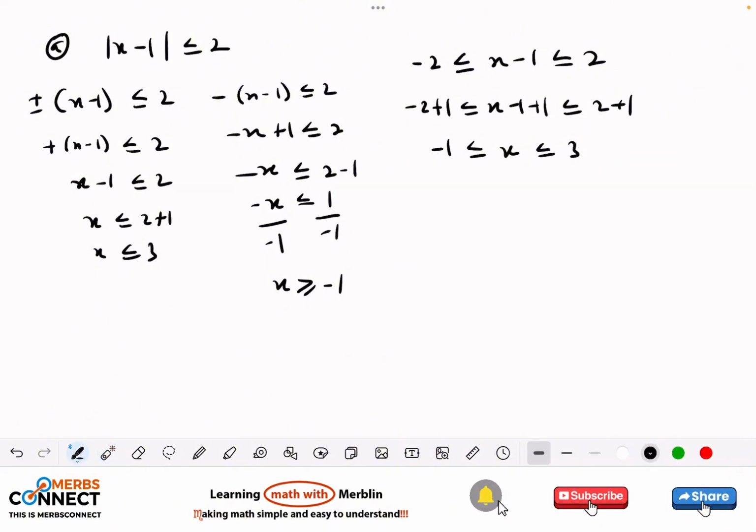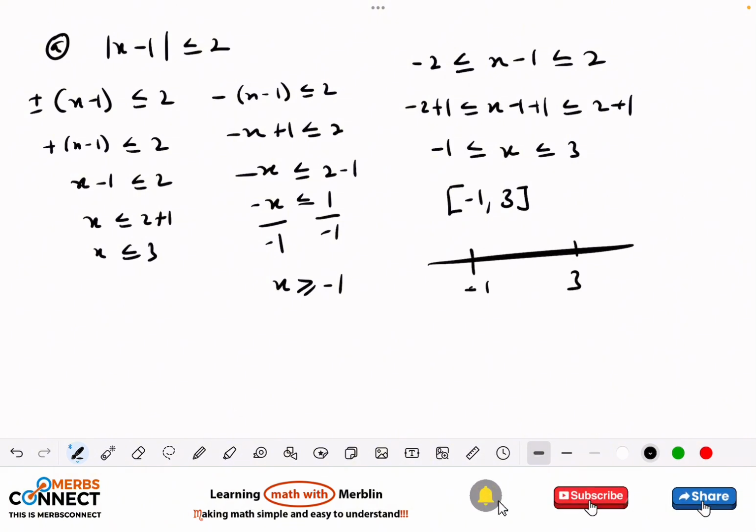If you want to move it to the interval form, this is going to be minus 1 and 3. They are both closed, so minus 1 and 3. So this is what we're going to get. So the number line is going to be minus 1 and 3.